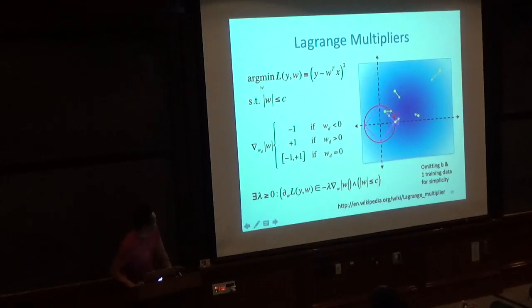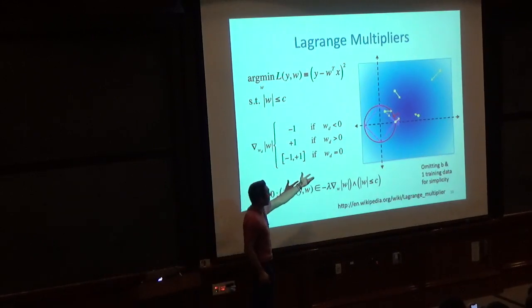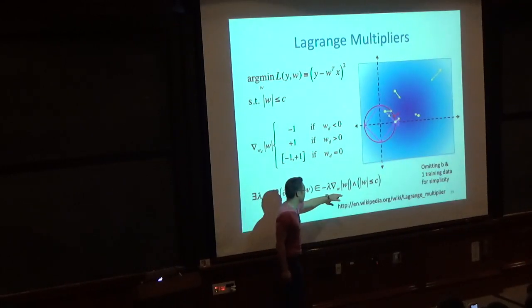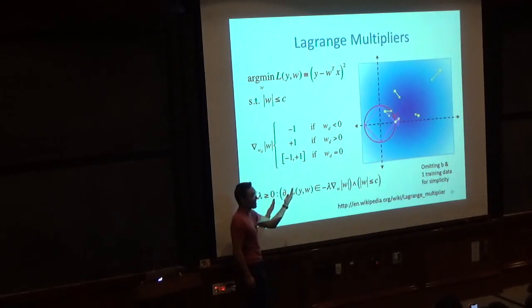What that means is that the gradient of the loss function is contained in the set of subgradients at the boundary, scaled by some scalar multiplier, lambda. In the case where the boundary is a differentiable function, this subgradient set is a singleton, the single tangent.